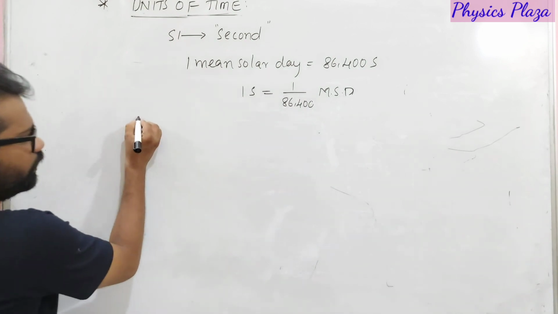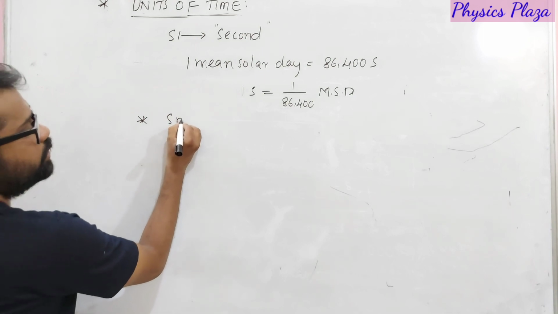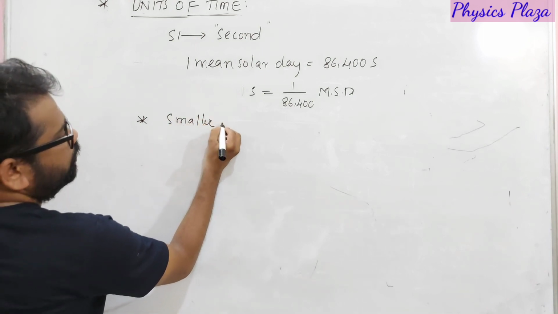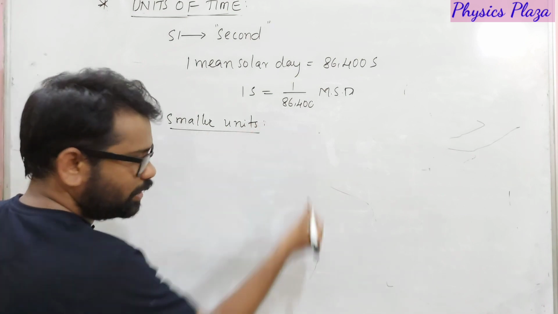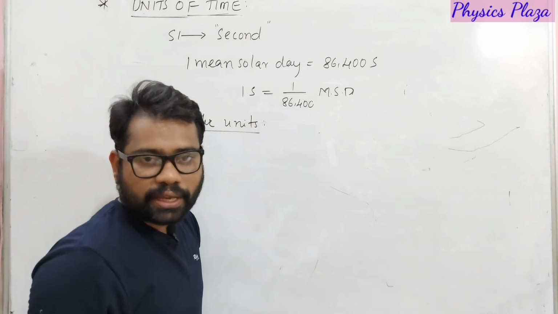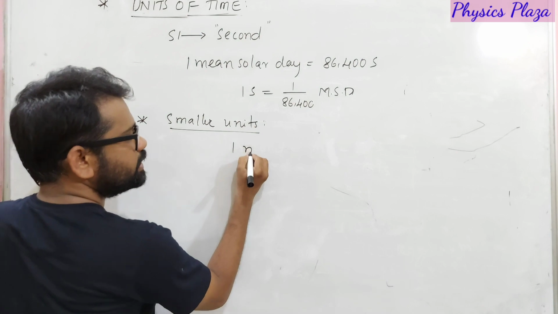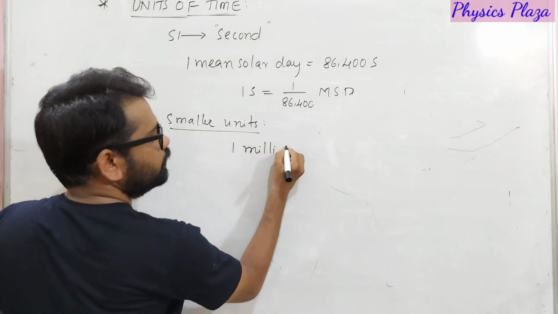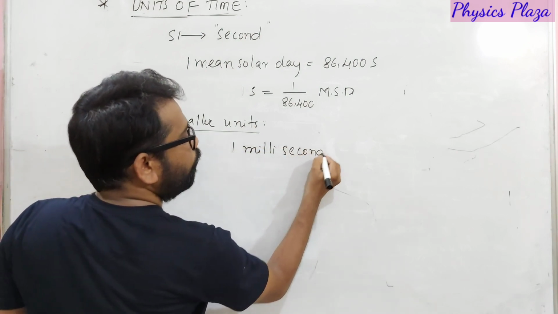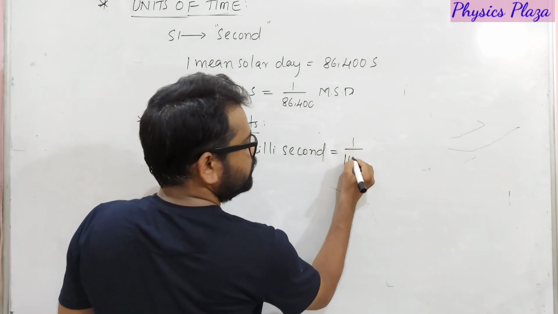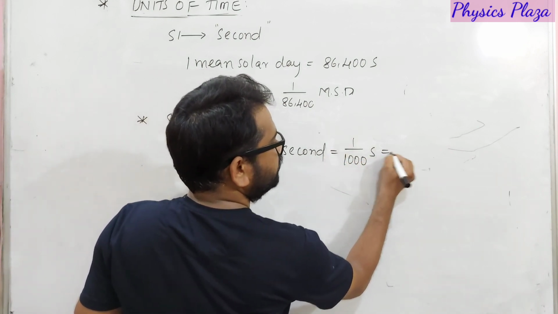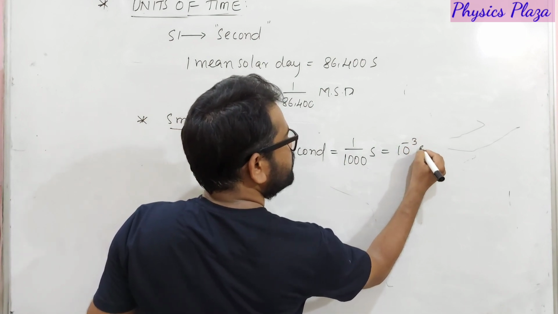Dear children, then what are the smaller units, the subunits of second? We have millisecond. Millisecond is 1 by 1000th part, that is 1 by 1000 second, which we can write as 10 power minus 3 second.